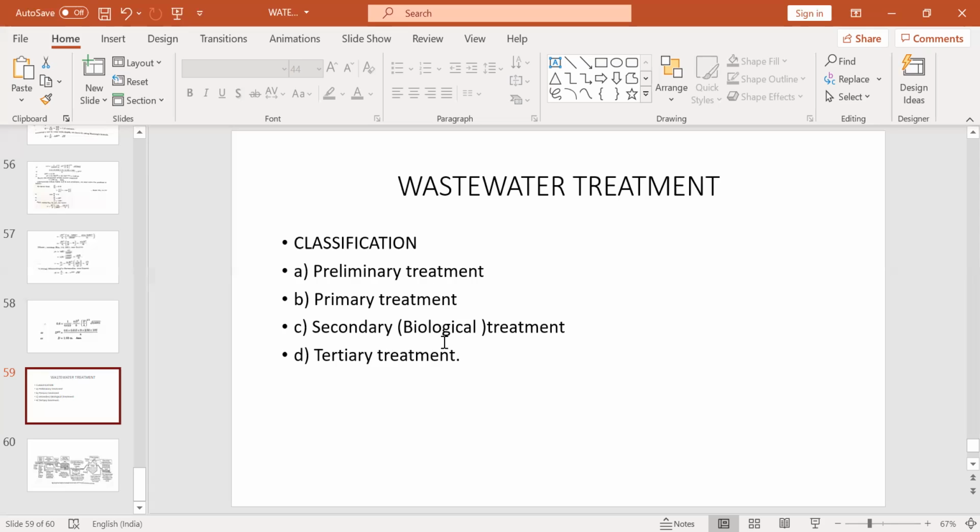Next is your secondary treatment. So after the primary sedimentation, sewage enters the next stage. Now this is the most important stage. Here the microbial activity or the bacterial activity starts. Okay, here the decaying of the sewage will start based on the activity of microorganisms. So these are more or less temperature control activities.